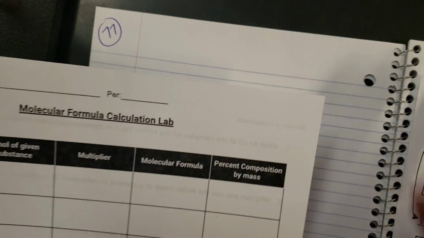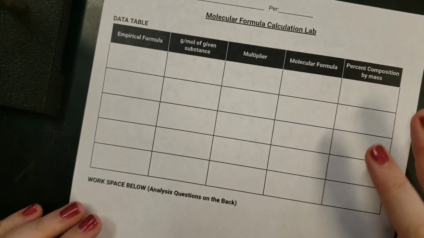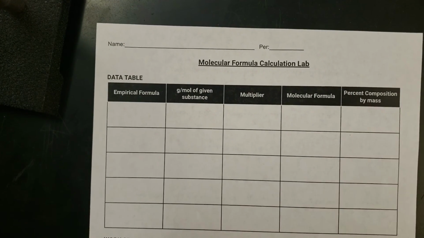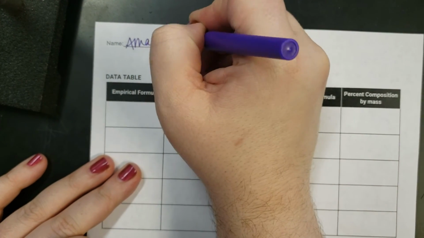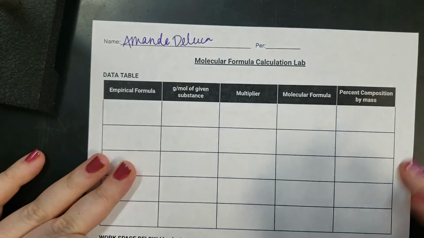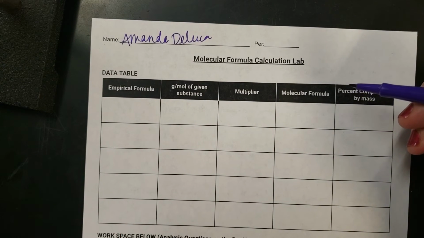Okay? So you're going to take your lab sheet. Make sure you have your notes and stuff with you. You're going to write your name on it so we can get credit for it. And you are going to go over to the samples. There's 4 samples.